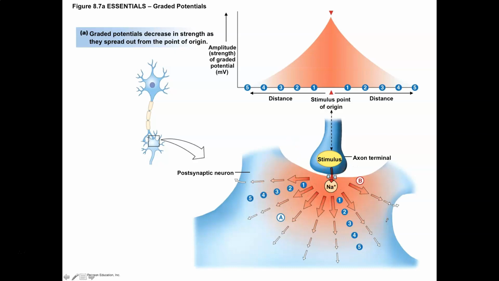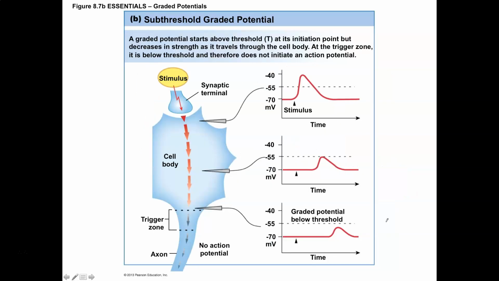But here's the big key take home then. Graded potentials are either going to get us to threshold or not get us to threshold. So in this example, we have a graded potential starting at the cell body on this particular neuron. So some neurotransmitter has bound to a receptor.